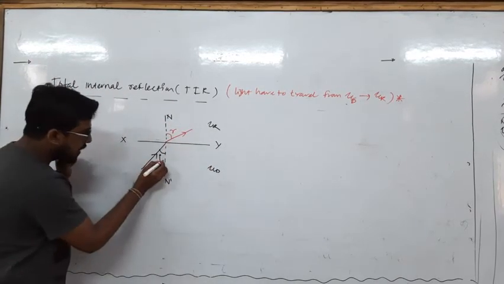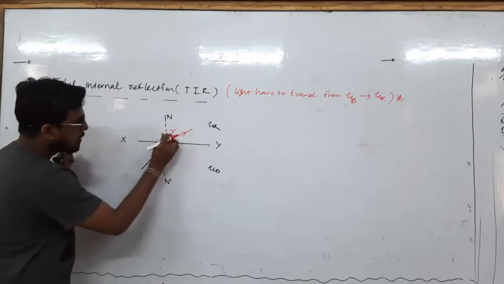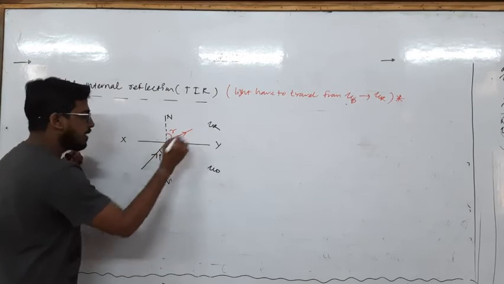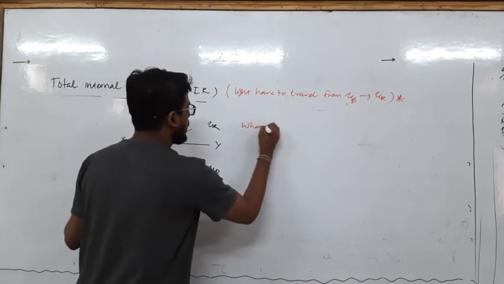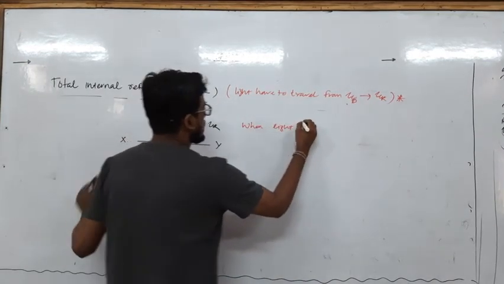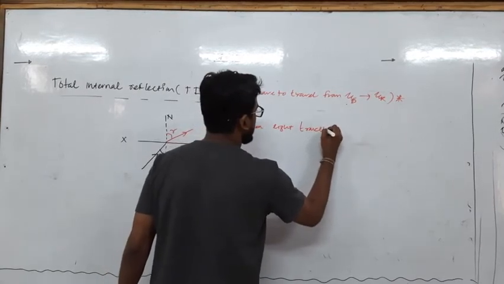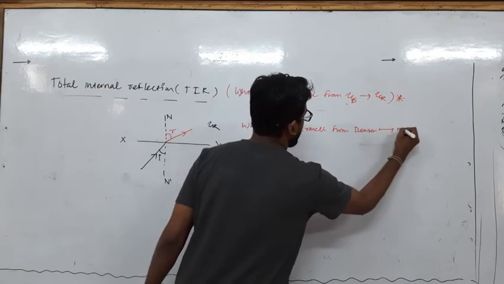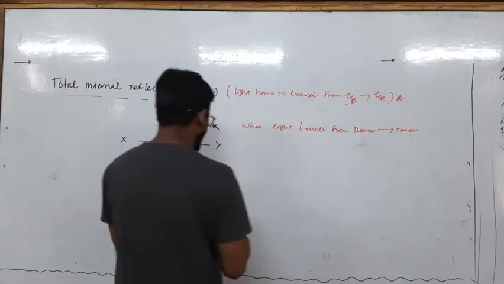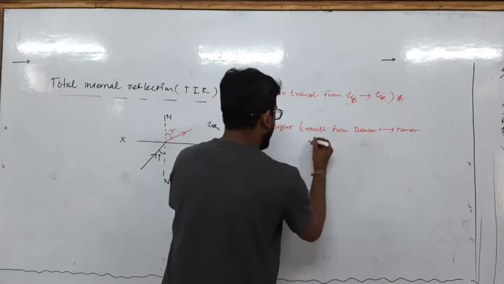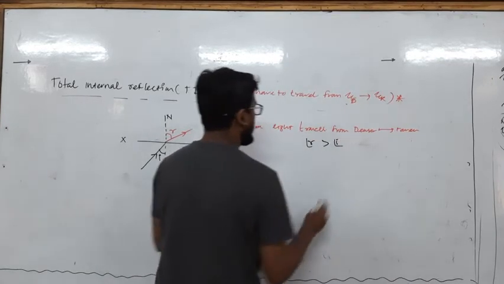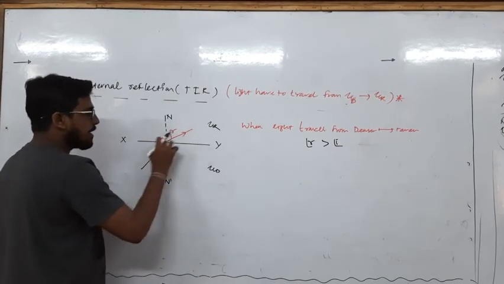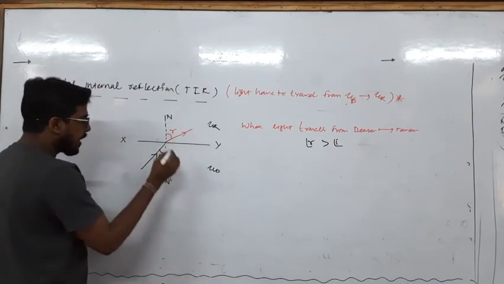If I gradually increase the value of I, R will gradually increase, because when light travels from denser to rarer, we already know angle R is greater than angle I. So as I increases, R increases.